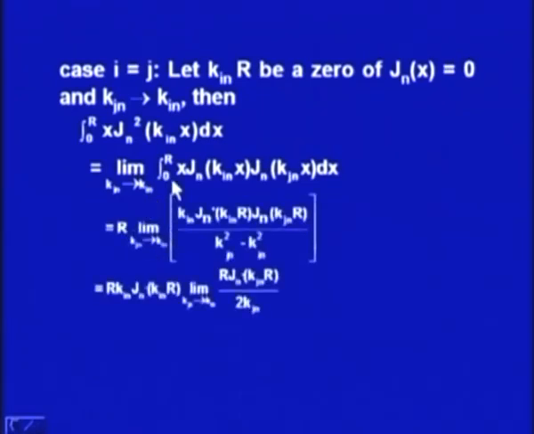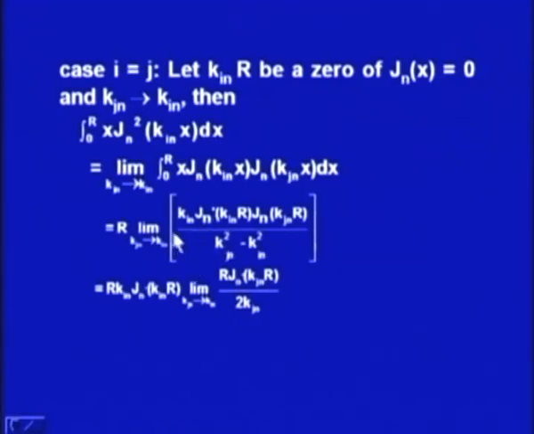Now, from our last slide, we see that the integral from 0 to r of x J_n(k_I n x) J_n(k_G n x) dx can be written as r k_I n J_n'(k_I n r) J_n(k_G n r) over (k_G n² - k_I n²), because J_n(k_I n r) is equal to 0.